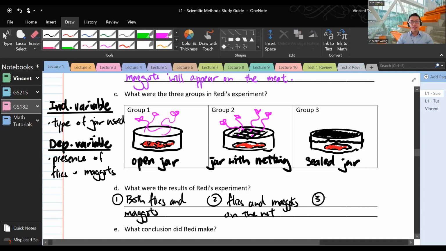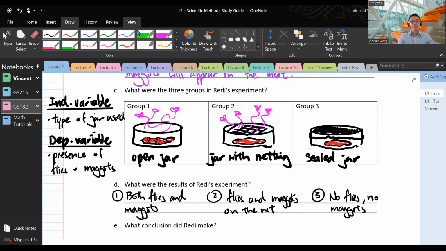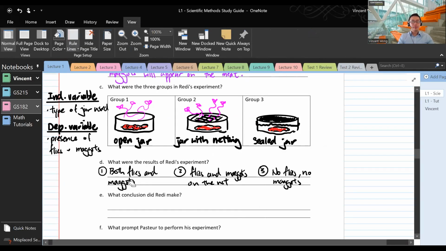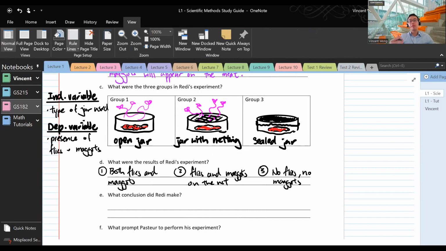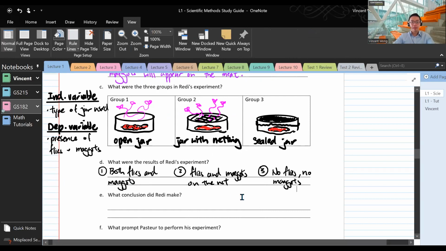Okay, and number 3, no flies, no maggots. So that's basically the results, right? We are observing the dependent variable in this case. And in some other experiment, instead of observing, we can be measuring instead, right?